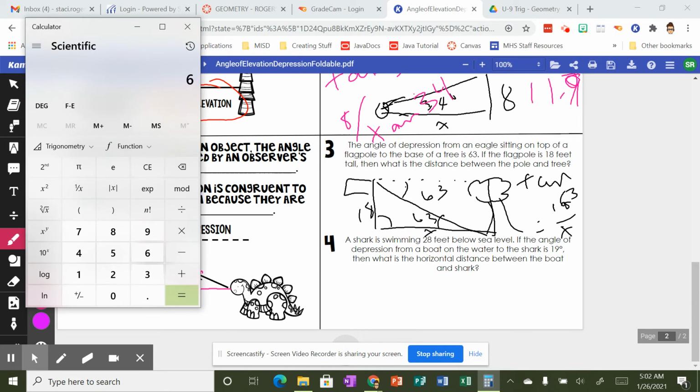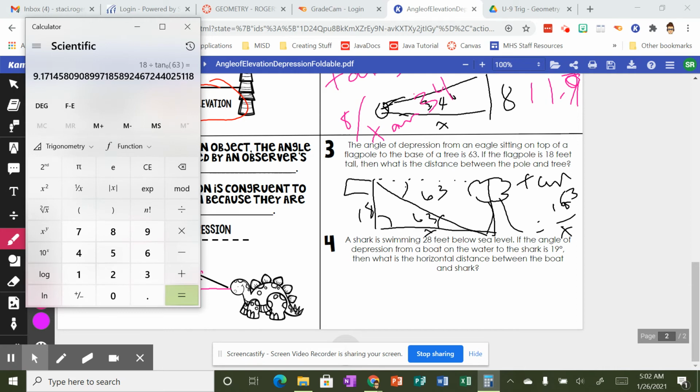Tangent of 63, so 63 tangent, and then 18 divided by that. That's how it works. It equals 9.17, so 9.2. 9.2 feet between the tree and the flagpole.